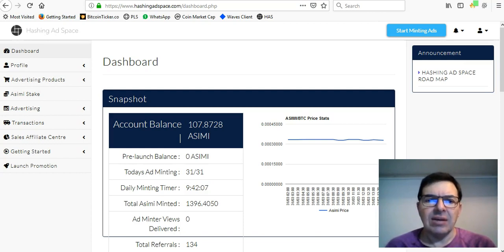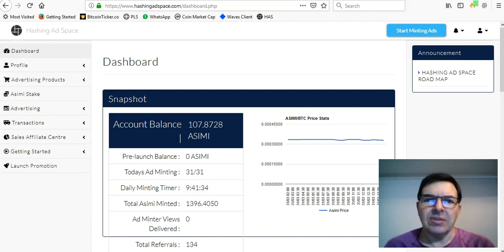What I like about Hashing Ad Space is that the advertisers pay, and if you refer the advertisers to Hashing Ad Space, you get paid 50% commission of that. The other 50% goes to Hashing Ad Space, and then I go and watch the ads every day, and I get paid for that too.